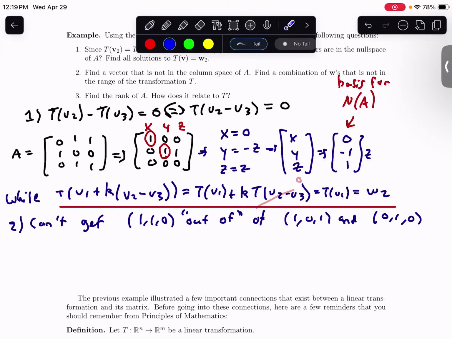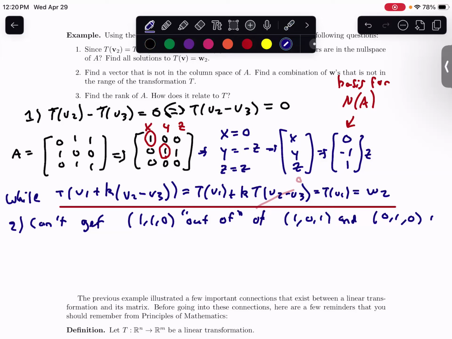Because in order to get the 1, 1 to show up first, you would have to make use of this term, and there's not really a way of getting rid of it via subtraction. Another one would just be the vector 1, 0, 0 as well. There are a lot that aren't going to be expressible in this way.